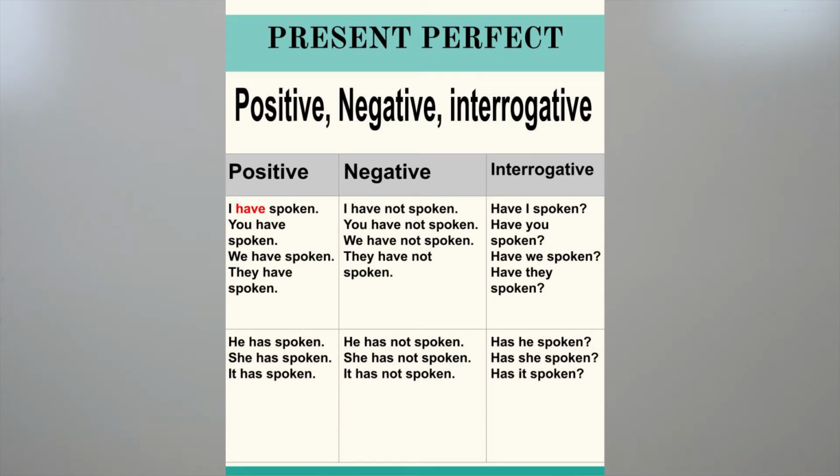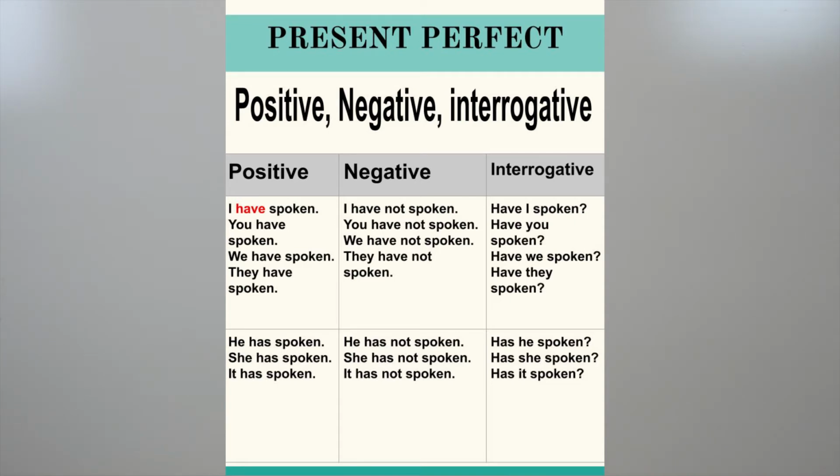In the negative, I have not spoken. You have not spoken. We have not spoken. They have not spoken. He has not spoken. She has not spoken. It has not spoken. And when we're asking a question, have I spoken? Have you spoken? Have we spoken?